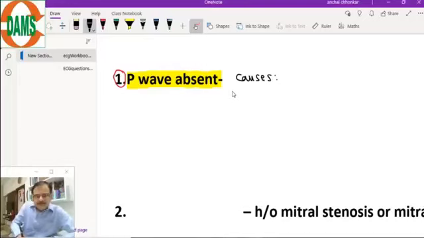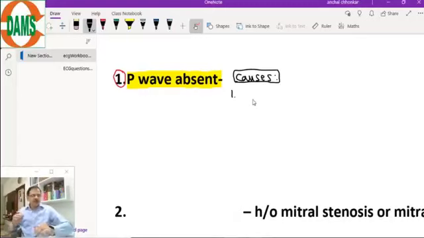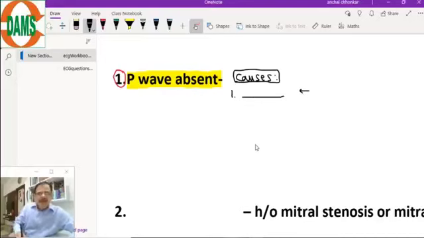Number one cause, I will give you the hint. This is a rhythm when atria and ventricles depolarize simultaneously.